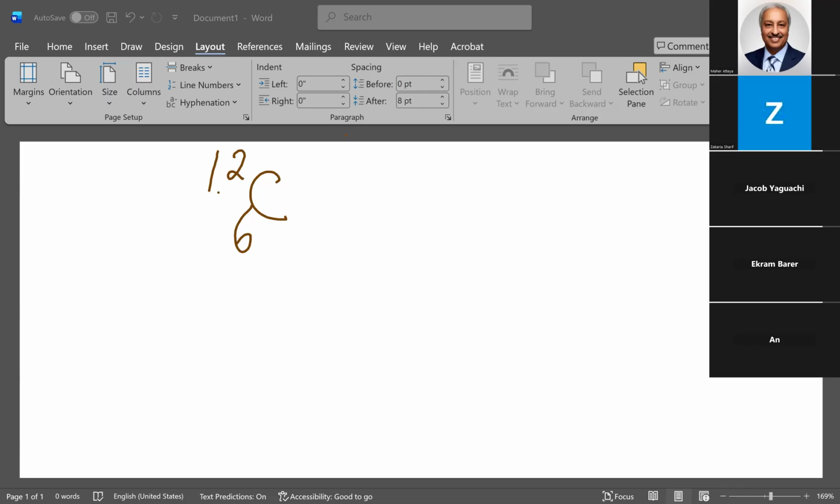So this is the carbon found in nature, but I think it's 0.0112 or something like this. So you can look it up. That's the general carbon found in your periodic table. However, in reality, carbon has 3 modifications.